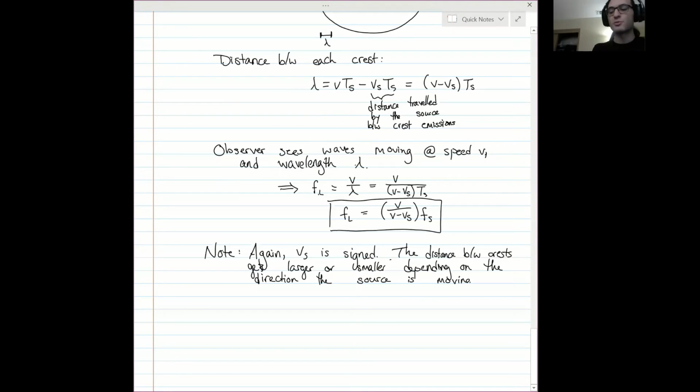So we know that the distance between crests gets smaller if the source is moving in the same direction as the waves, or moving towards the listener.